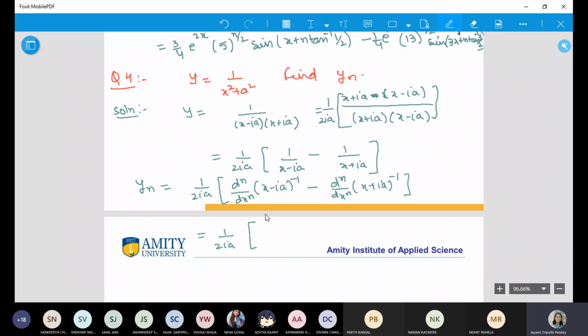The formula is minus 1 to the power n factorial n upon x minus ia to the power n plus 1, minus minus 1 to the power n factorial n upon x plus ia to the power n plus 1. This is a formula we just did in the previous question.